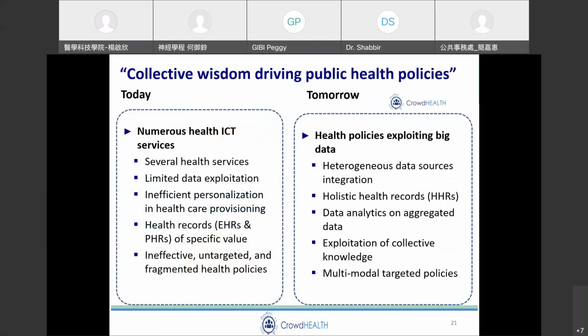So again, today we were using numerous health ICT services, but next we want to make policies exploiting big data. That is the key. Heterogeneous data sources, holistic health records, data analytics on aggregated data, and exploitation of collective knowledge and multimodal targeted policies.